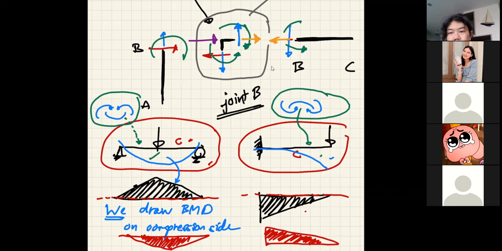Now, your ability to predict how your beam or your structure is going to deform will help you a great deal, because if you see the load, you can always expect how your structure is going to deform, and therefore you can sort of predict what kind of moment you should have.